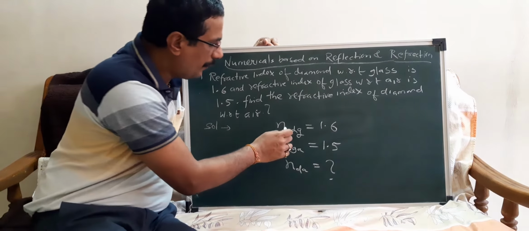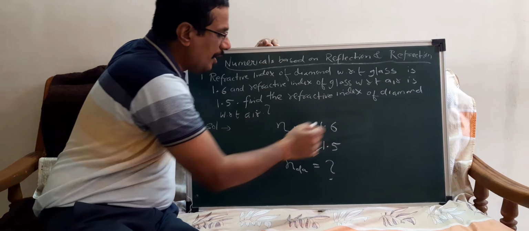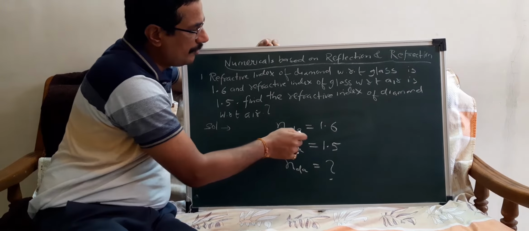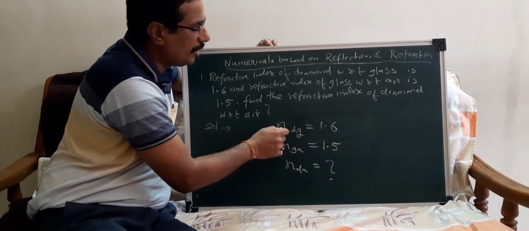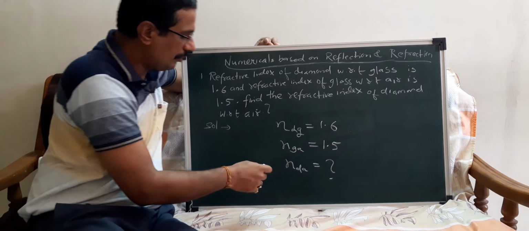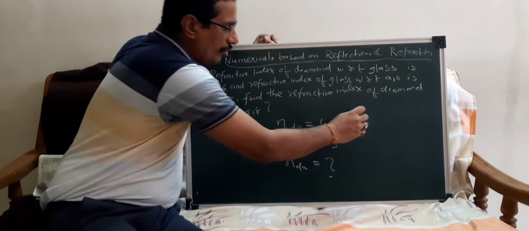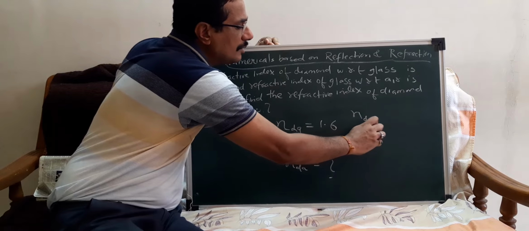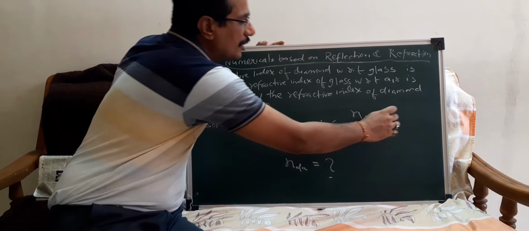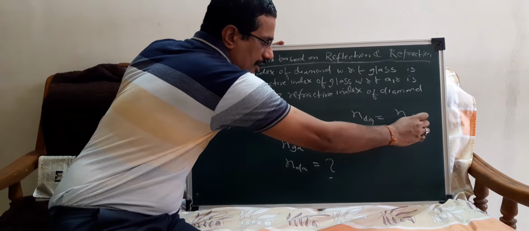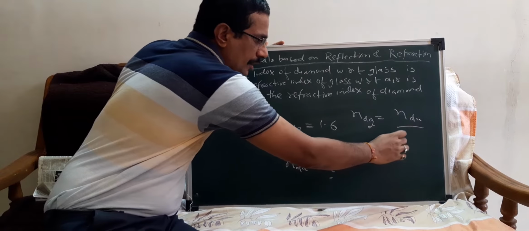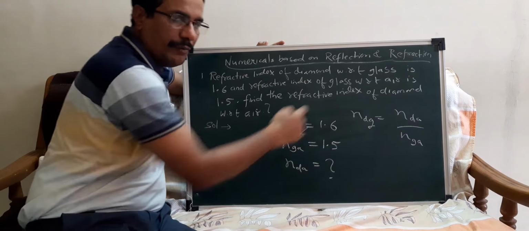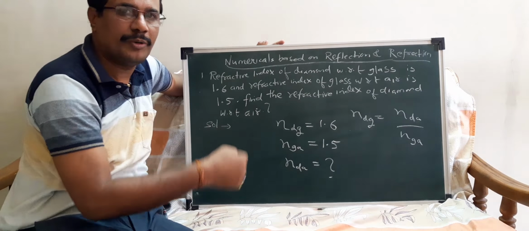So it is the refractive index of diamond with respect to air divided by the refractive index of glass with respect to air. That is the meaning of this statement, N D G, that is the refractive index of diamond with respect to glass. So we will use this formula here. The formula is the refractive index of diamond with respect to air divided by the refractive index of glass with respect to air. This is the general formula. N21 is N2 upon N1.